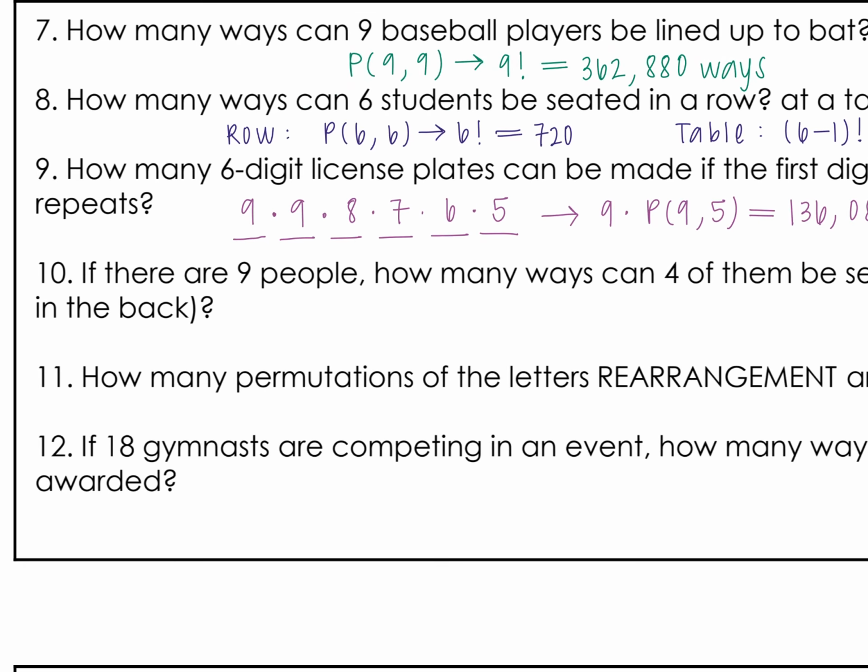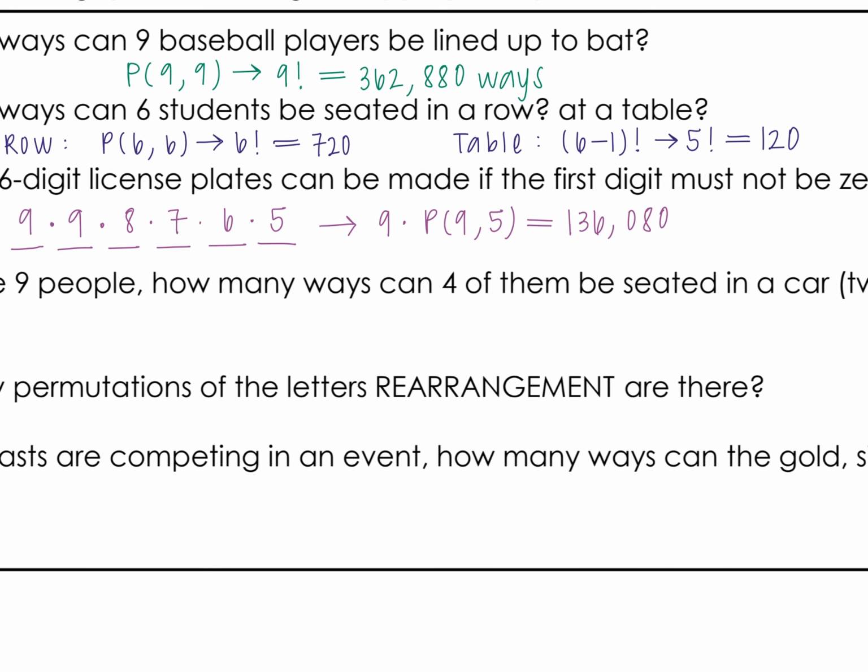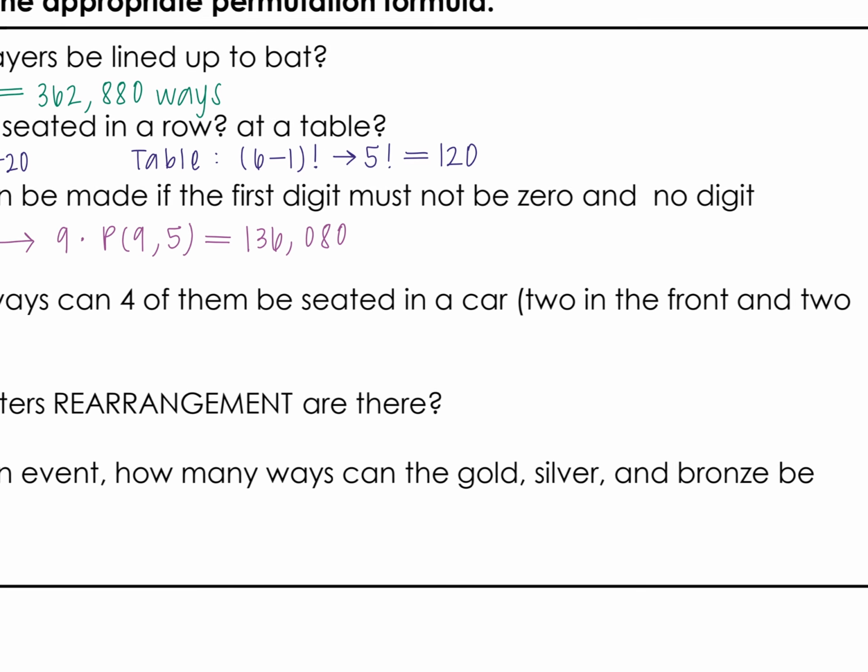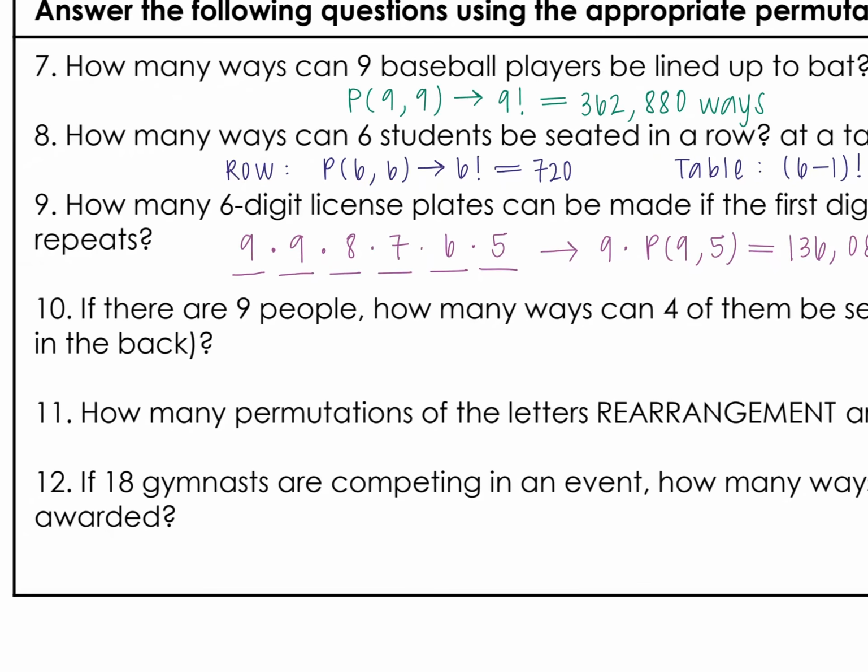All right, so now let's look at our next one. We have number 10. If there are 9 people, how many ways can 4 of them be seated in a car? 2 in the front and 2 in the back. All right, so here we have a permutation because the order matters. I can pick the same 4 people and have a different outcome because they could be seated in different spots.